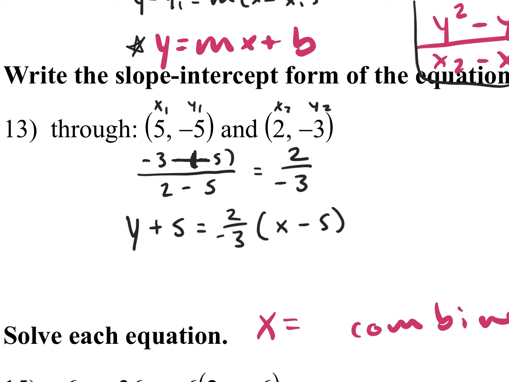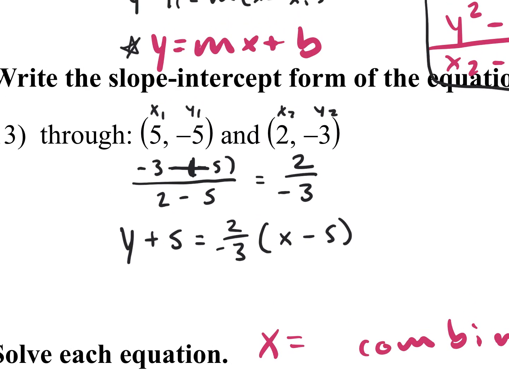So I need this to be y equals. So I want to distribute. So I have y plus 5 is equal to negative 2 over 3x, and then plus 10 over 3, because I multiplied the 2 times the 5 and 3 times 1.